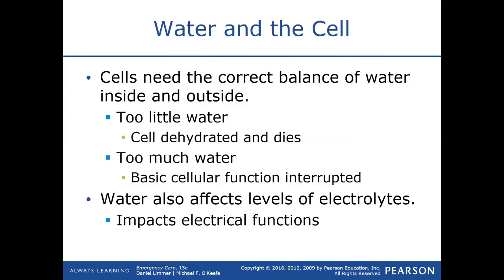Okay, water also affects the levels of electrolytes, impacts electrical function. So if you're watering down your system, or you don't have enough of those electrolytes in your system, you could have, well, a lot of issues, but a lot of them are related back to heart problems. Some dysrhythmias and that heart skipping beats and heart problems are related to electrolytes.